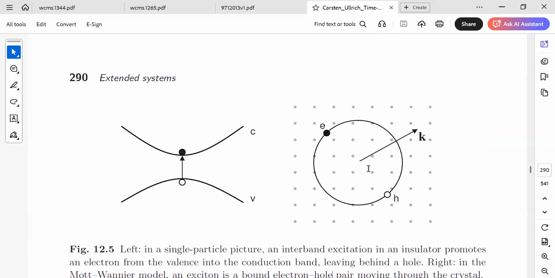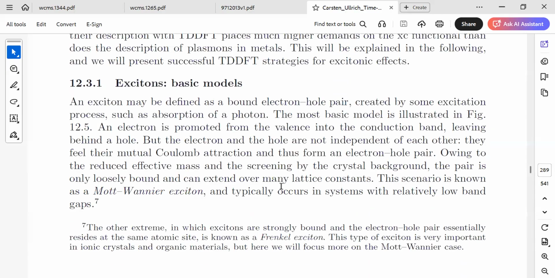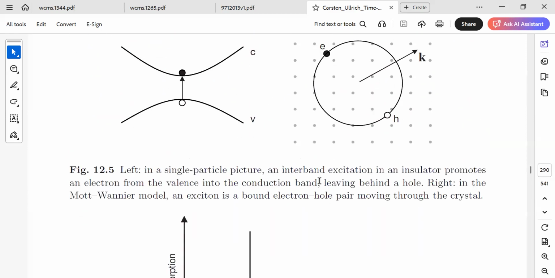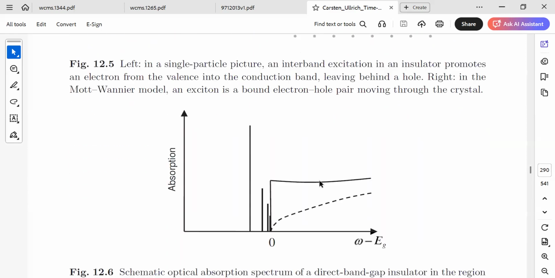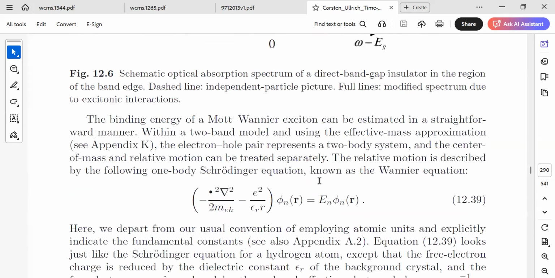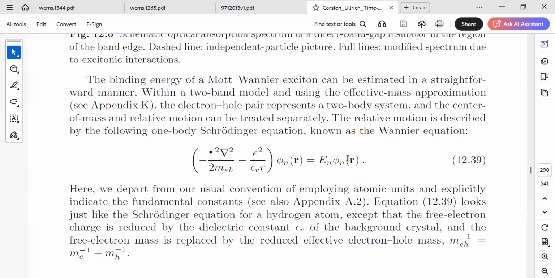So this is actually the true meaning of an exciton, if I am able to give you some feeling of what is meant by an exciton, or in other words, some excited states of the system. In order to find the energies of the exciton, we use what is called the Wannier equation.